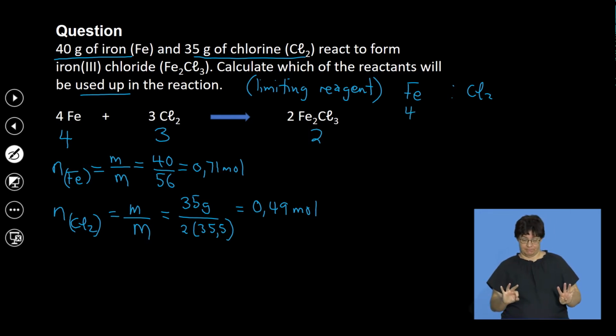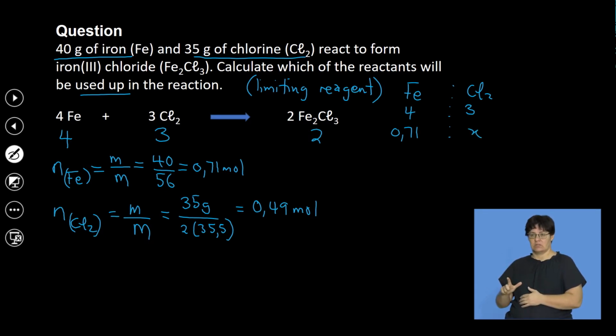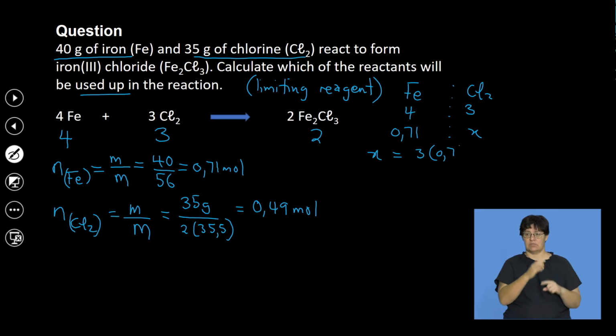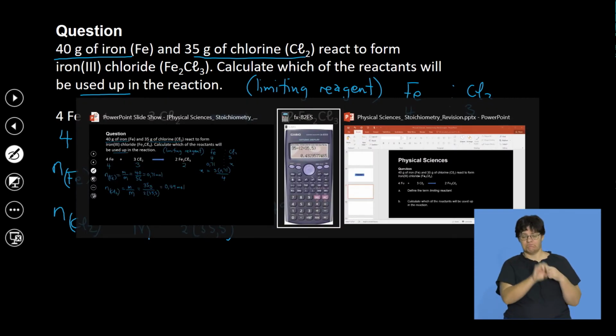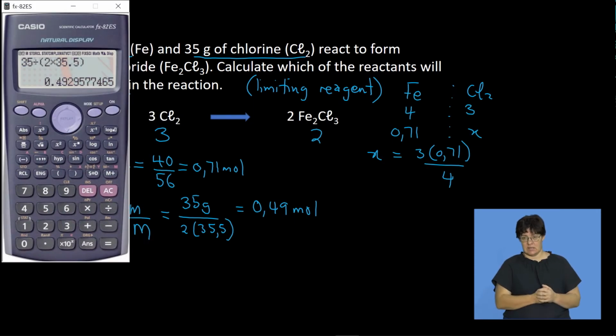So 4:3. Now let's assume that the entire 0.71 moles reacts. How much chlorine do we need? Let's say that is X, all right? So by simple calculation, the X in this case becomes 3 multiplied by 0.71 by cross multiplication over 4, right?